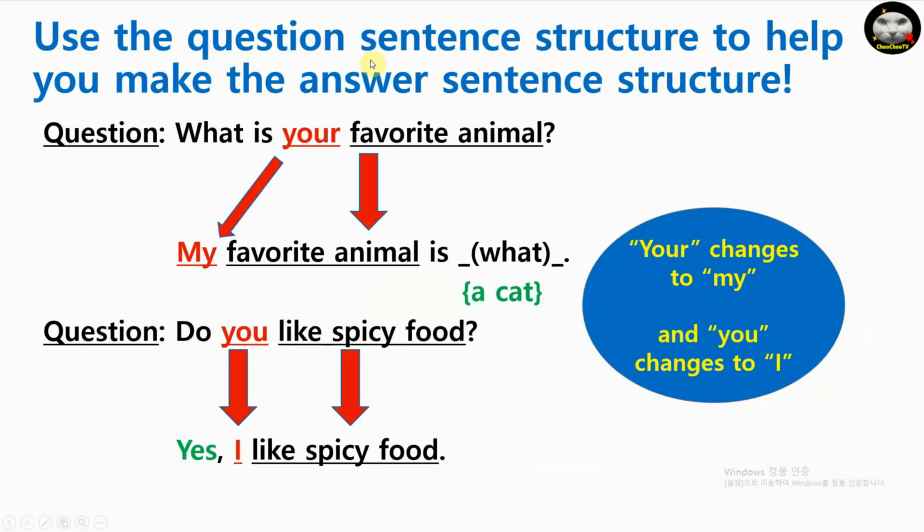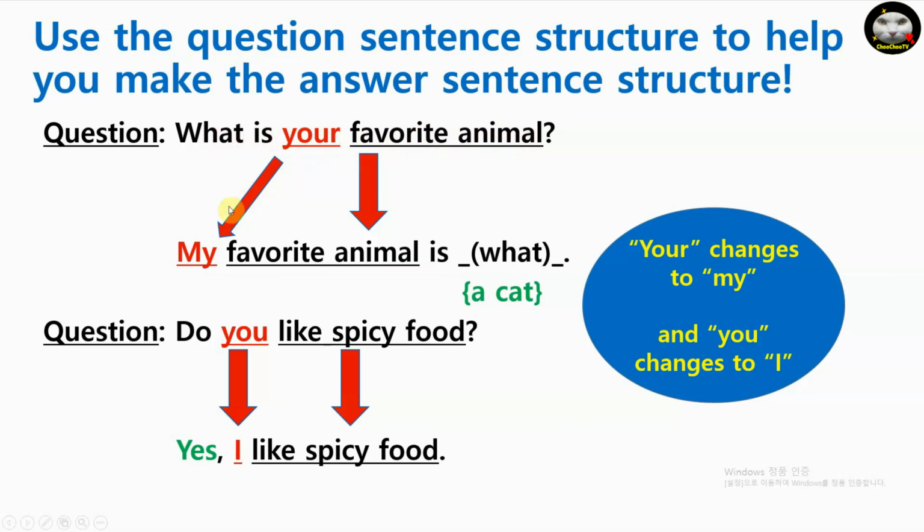You can use the question sentence structure to help you make the answer sentence structure. For instance, if the question is, "What is your favorite animal?" you can use the structure of the question sentence when forming your answer sentence.